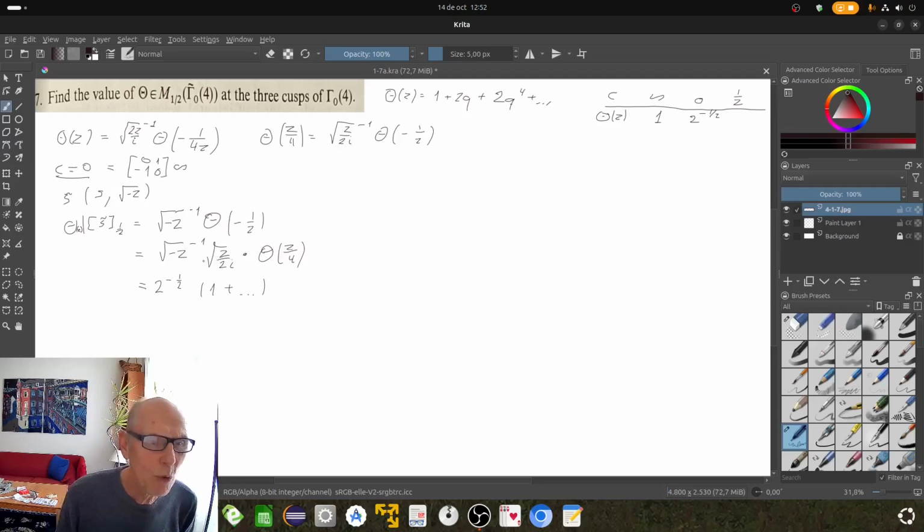Then it is important to take the imaginary unit into account here. So it's like 1 plus i divided by square root 2.